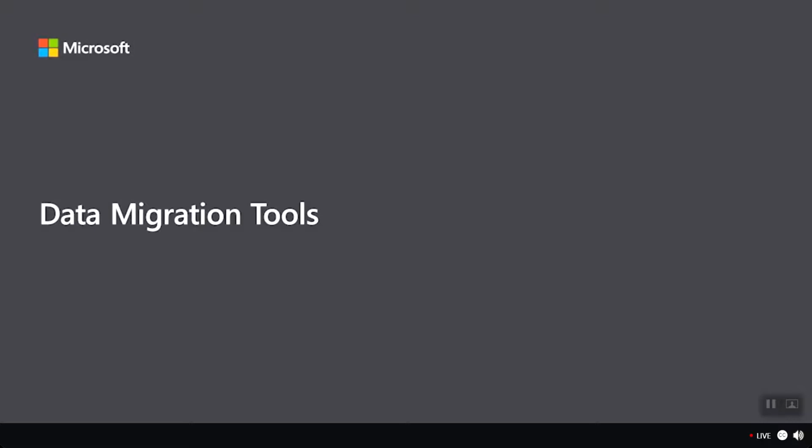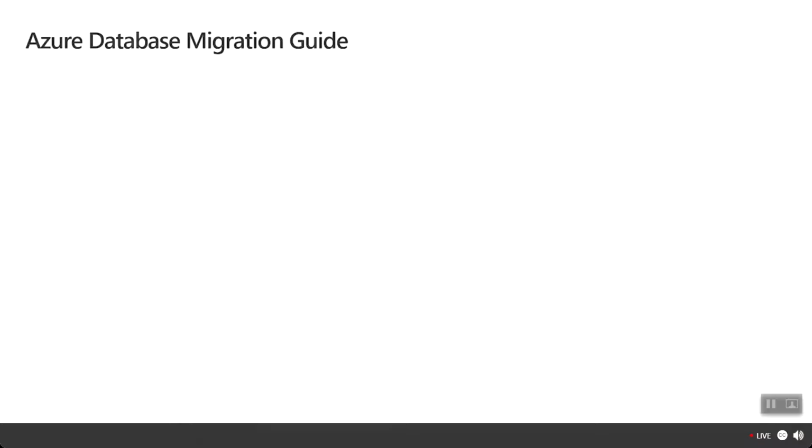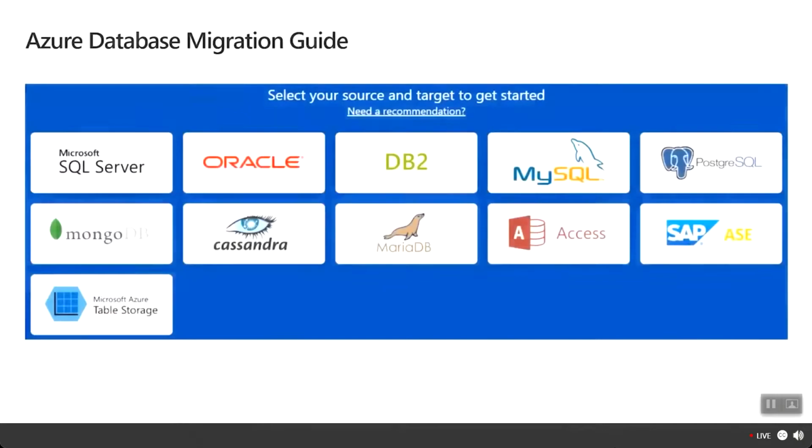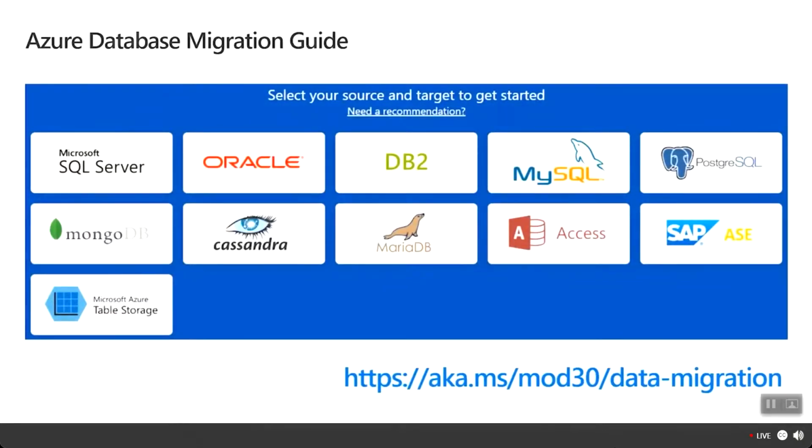So let's talk about the migration tools, and I told you already that we are going to work here mostly with the Database Migration Service, which is a very managed and very versatile tool, but we also have other tools, and so I wanted to quickly mention where you can get started. One good place to get started is on the web, and here we have the Azure Database Migration Guide.